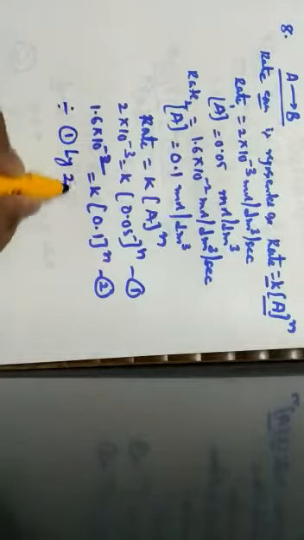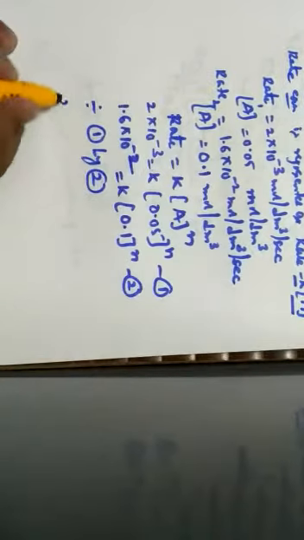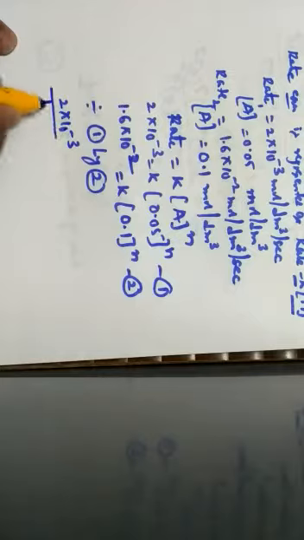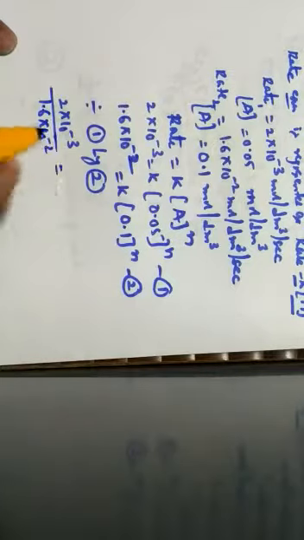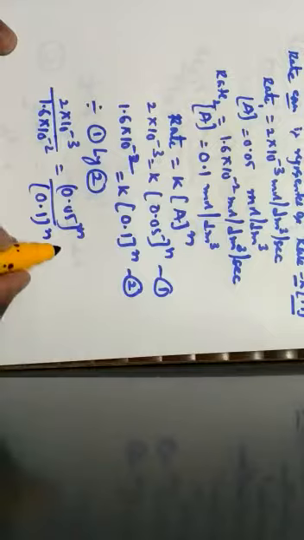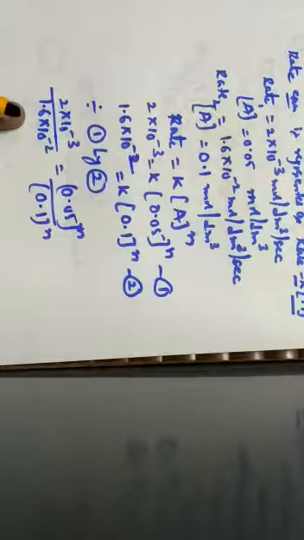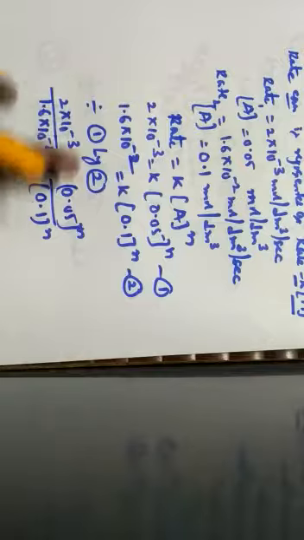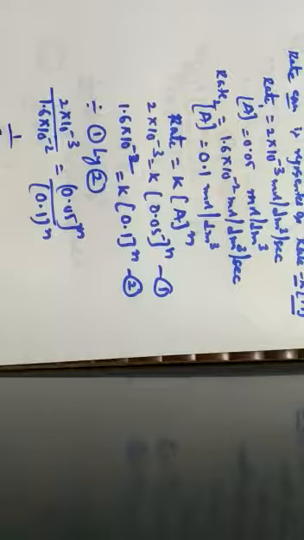Divide equation 1 by equation 2. So 2 into 10 to the power of minus 3 divided by 1.6 into 10 to the power of minus 2 is equal to 0.05 raised to the power N divided by 0.1 raised to the power N. When I simplify this entire equation, it turns out to be 1 divided by 2 to the power of N is equal to 1 by 8.